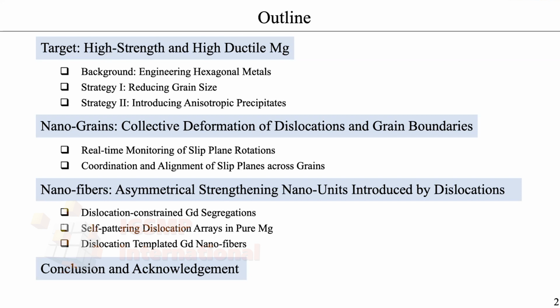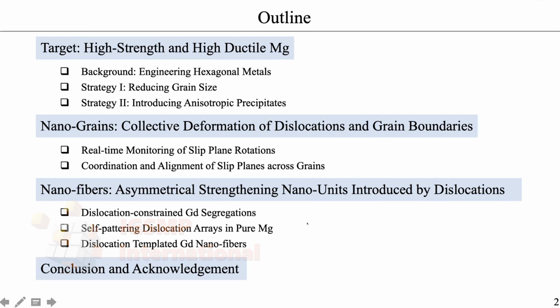Next, we'll discuss special nanoscale structures inside the alloys, which we call nanofibers. We see in the second that it's like a segregation at the dislocation array, and in that way we will be able to change the properties of magnesium alloys, and then we'll reach the conclusion.